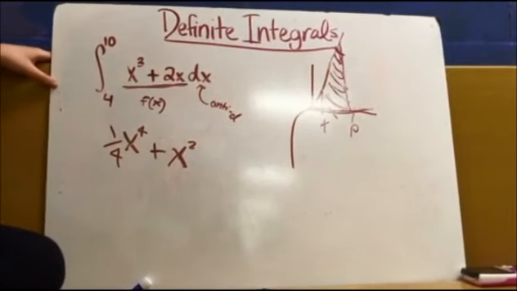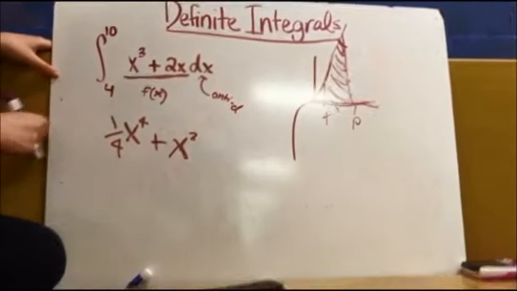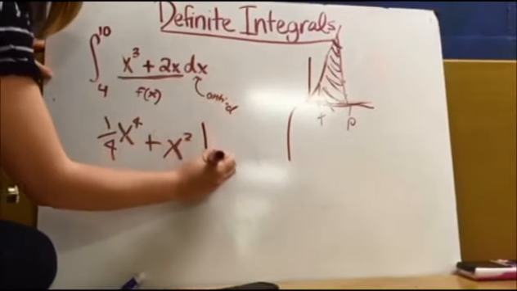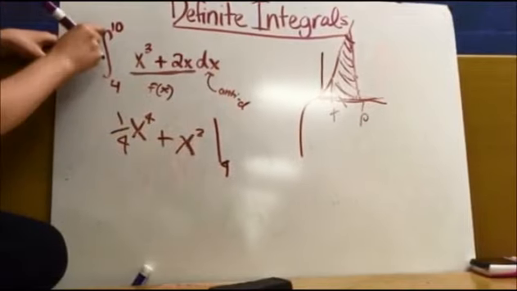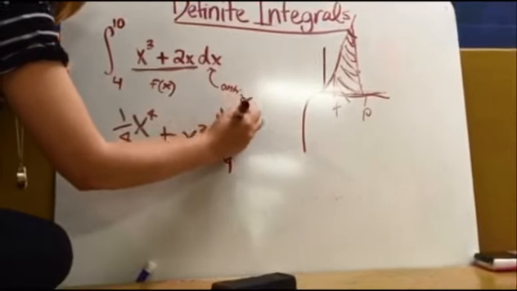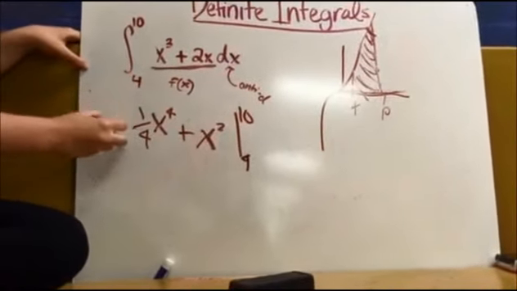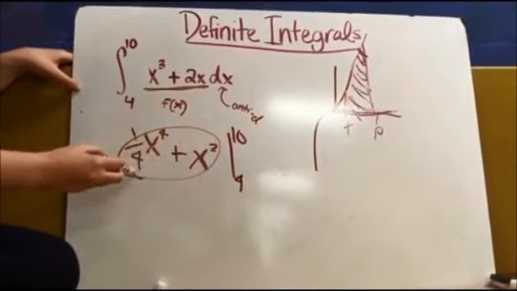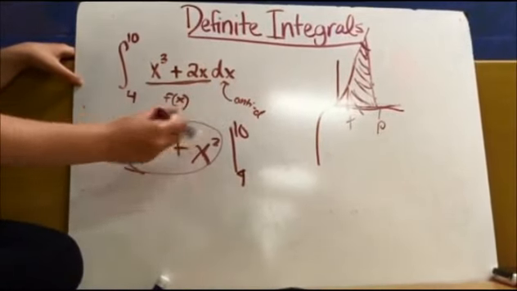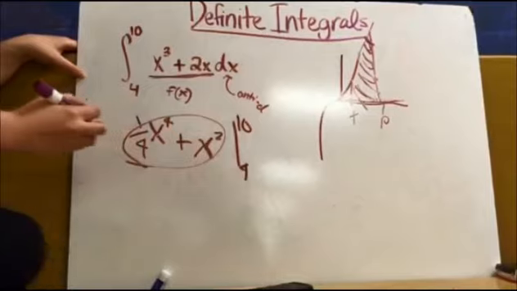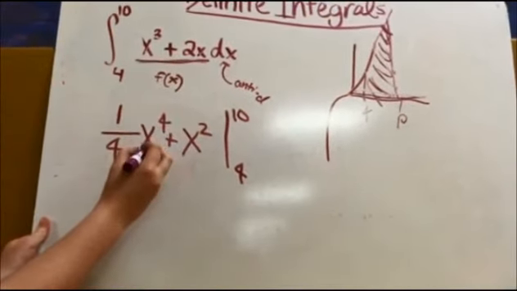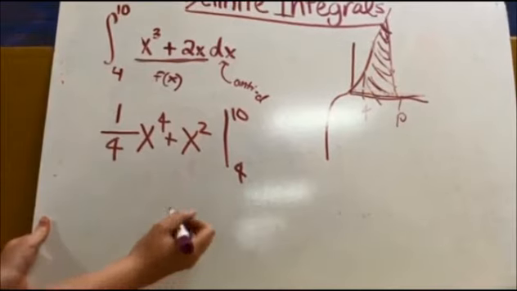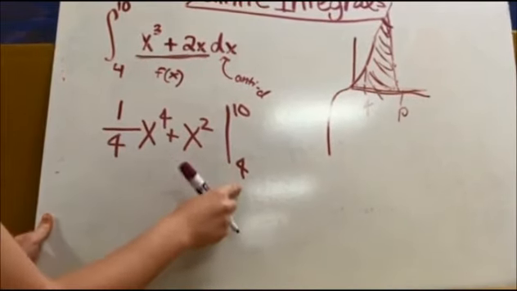The second step is then finding your values. So you're going to draw this line, which is evaluate from, and then use your same values you have here, from 4 to 10. And then what you do is you take this, and for your x you plug in 4, and then you plug in 10. So it'll look like this. Evaluate by plugging in the x values starting with 10, and then minus that, plugging in the x values of 4.